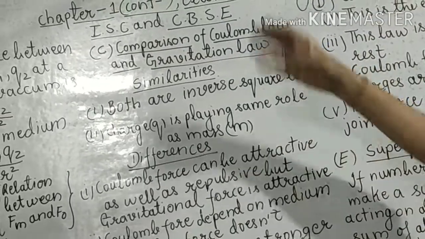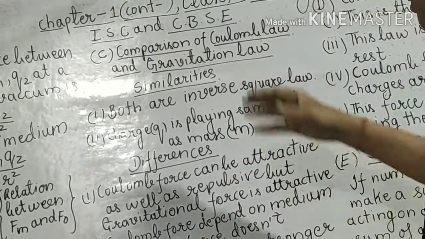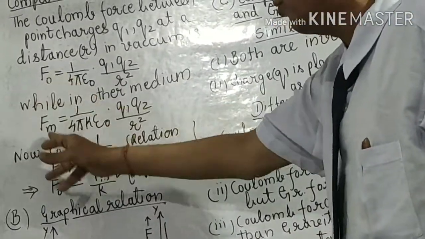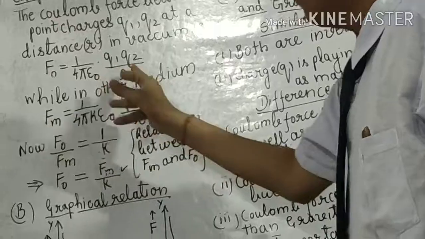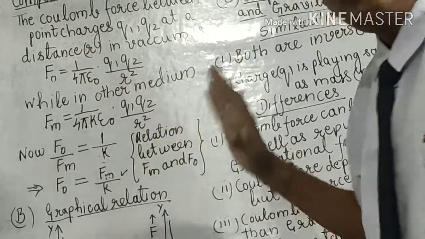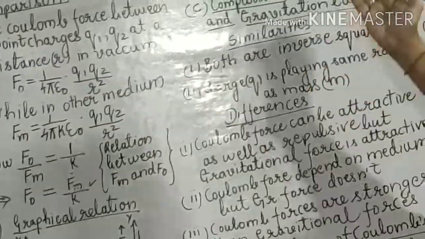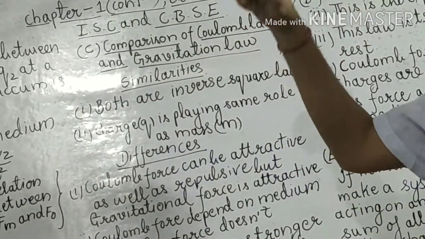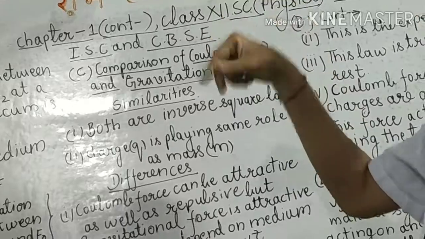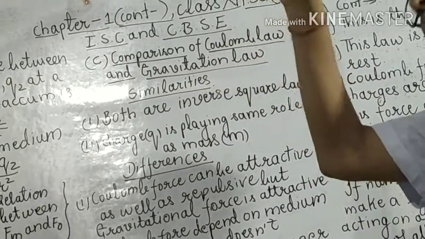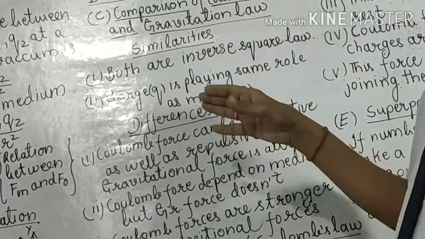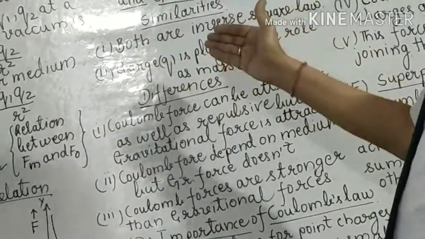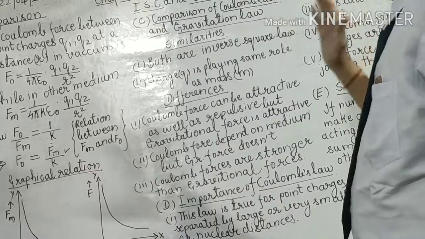That means in Coulomb's law, F0 or Fm, both are inversely proportional to the square of distance. Similarly, in gravitational force, F is equal to capital G m1 m2 upon r square. F is also inversely proportional to the square of distance. So both the laws are inverse square laws.